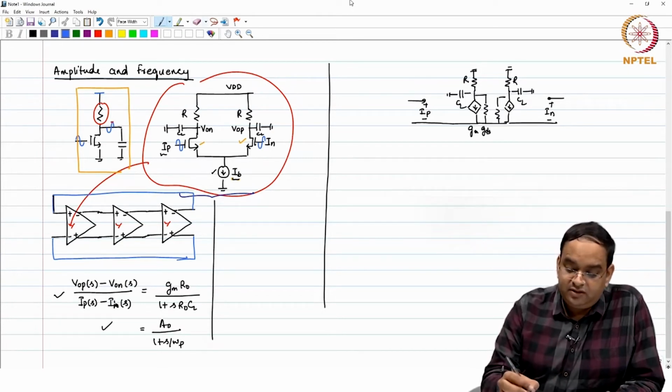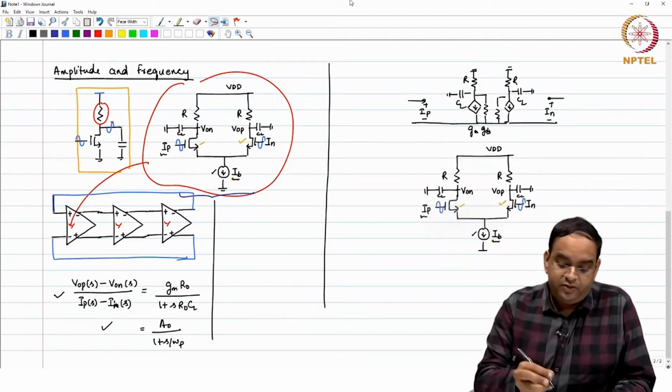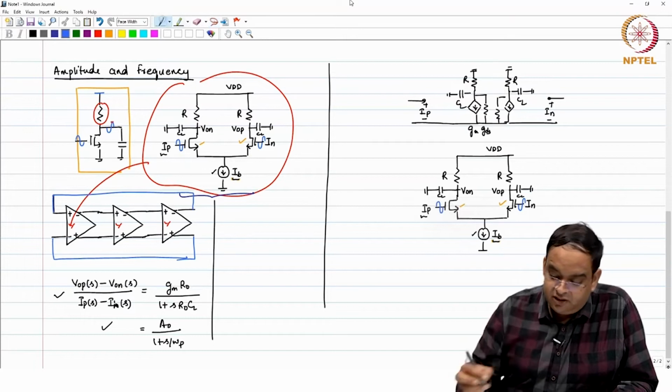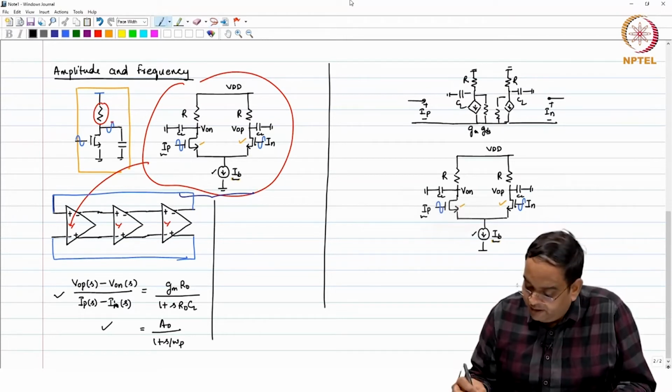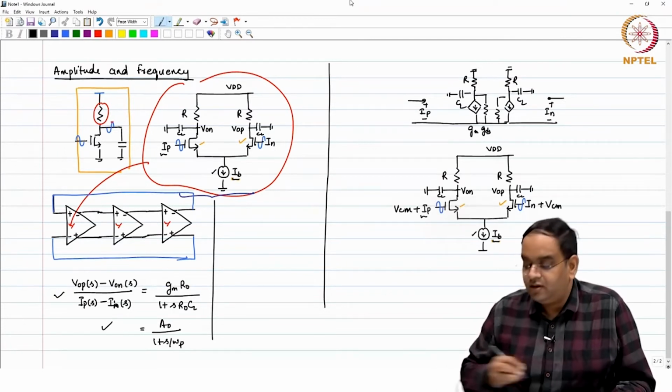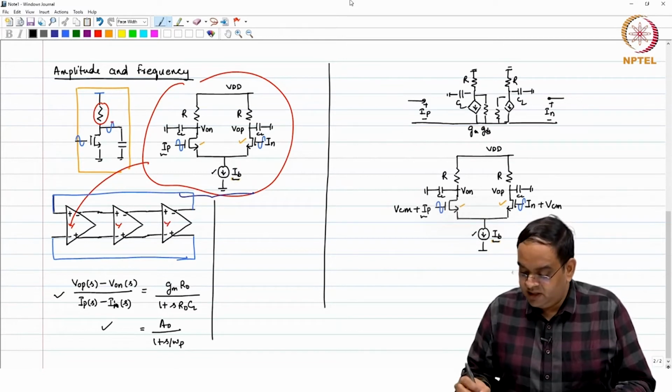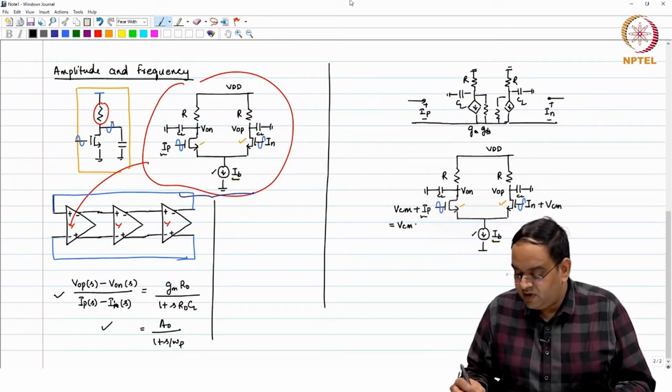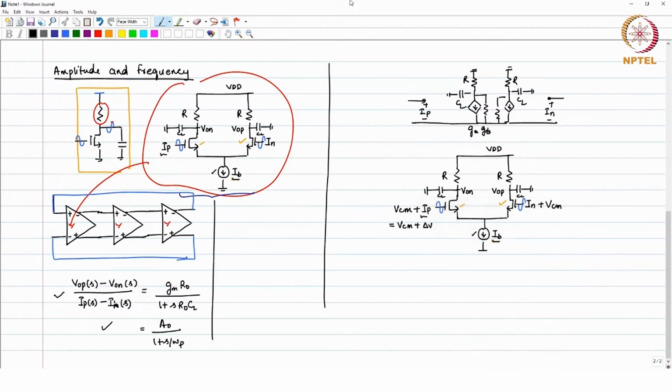So, the signal you are having is VCM plus IP, and if the input is differential, then it can be VCM plus delta V, and this can be VCM minus delta V. When delta V is equal to 0, the current which is flowing in each branch is actually IB by 2.